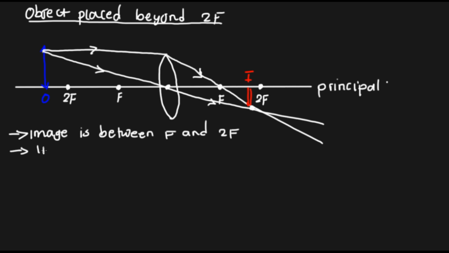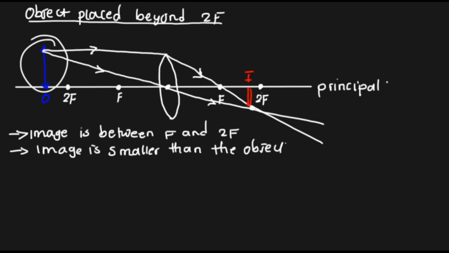Number 2, image is smaller than the object. We can tell that these two, object and the image, they have different sizes.